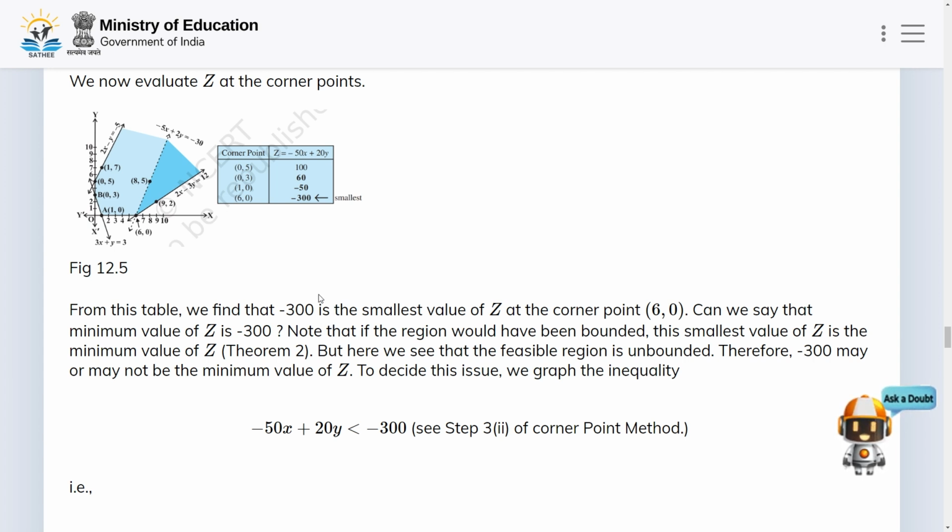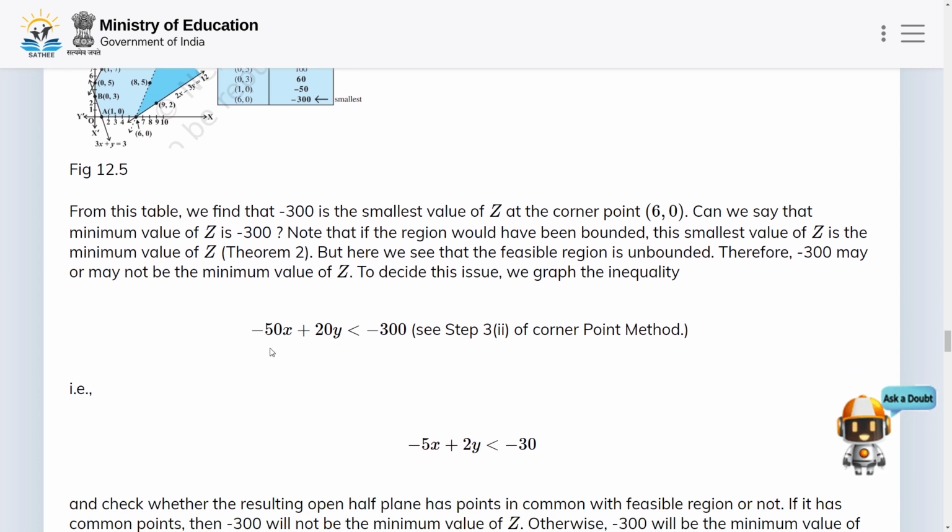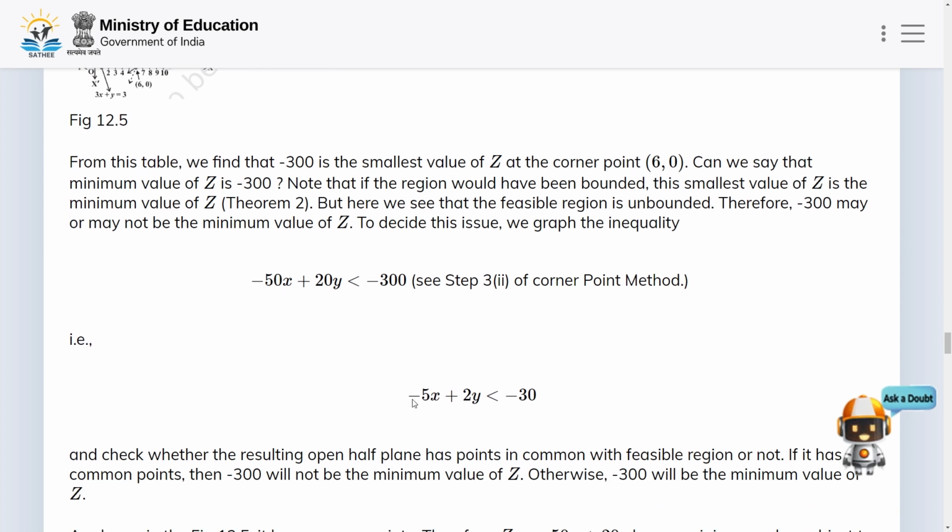But here, the feasible region is unbounded. Therefore, minus 300 may or may not be the minimum value. So to decide this issue, we graph the inequality minus 50x plus 20y less than minus 300, which gives minus 5x plus 2y less than minus 30.